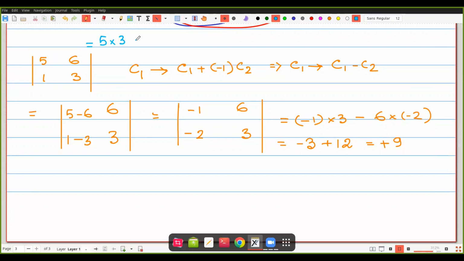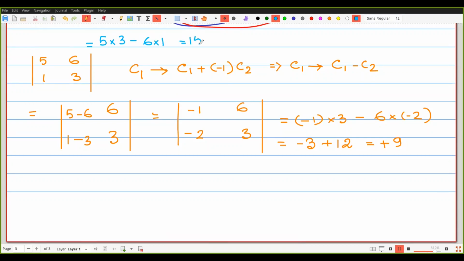Let's check the value of the original determinant: 5 into 3 minus 6 into 1, or 15 minus 6, or plus 9. So both have the same value after the operation. So any type of operation we can do with that determinant.